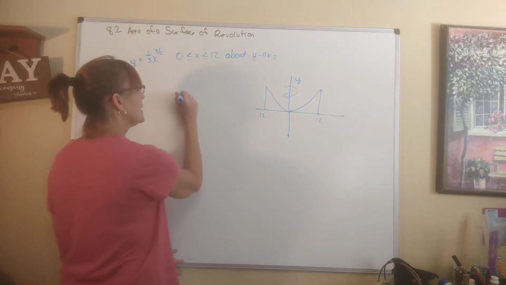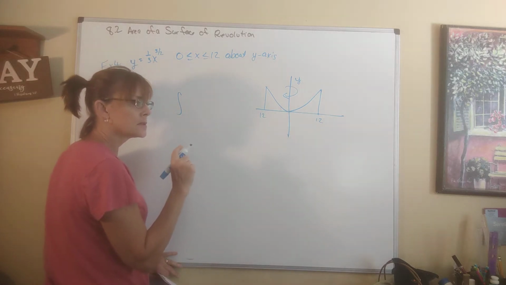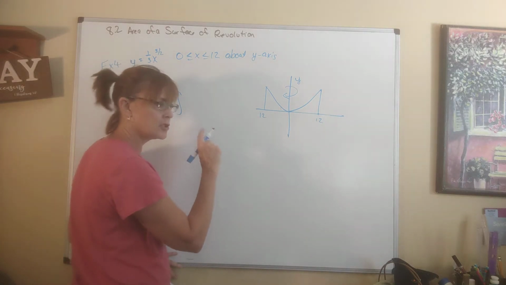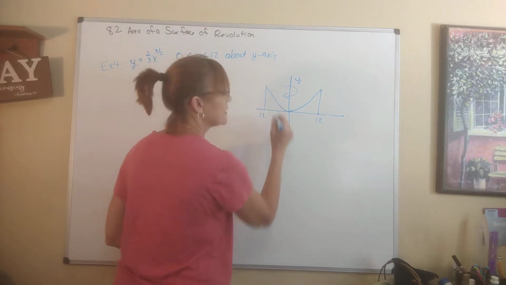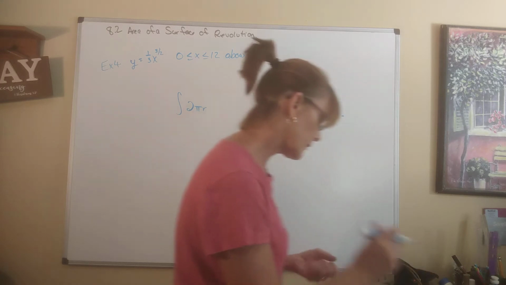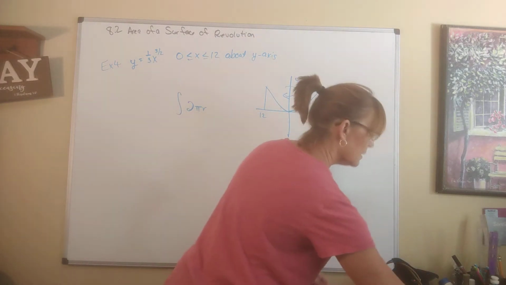Well, we're going to be integrating or adding up the areas. So it's the 2 pi r. If you look at this time, our radius is this way. It's x.